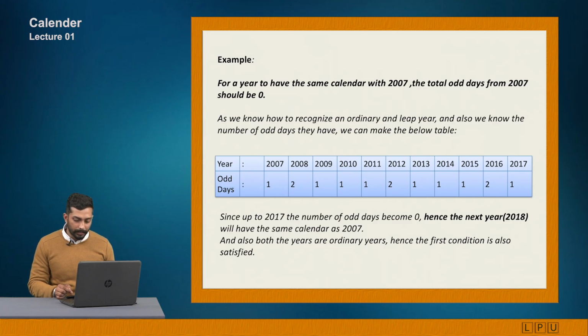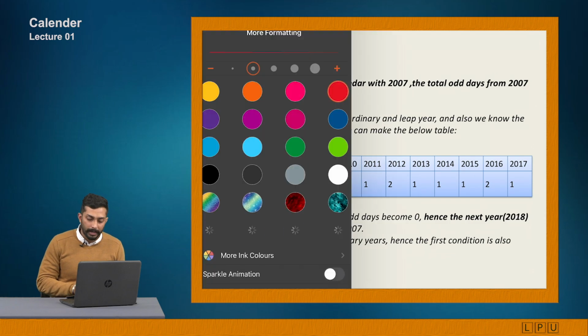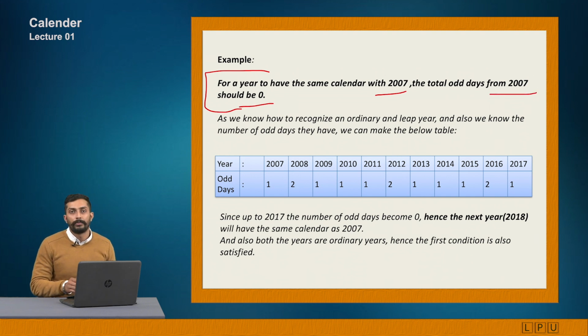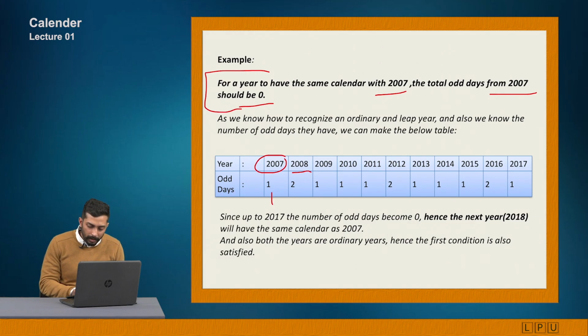The last type of question is finding a year that has the same calendar as 2007. The total number of odd days from 2007 should be 0. If a year has 0 odd days compared to the other, then we have the same calendar. So there is a method to solve that. From 2007 onwards we count the odd days: 2008, 2 odd days, 2009, 1 odd day, 2010, 1 odd day, 2011, 1 odd day.